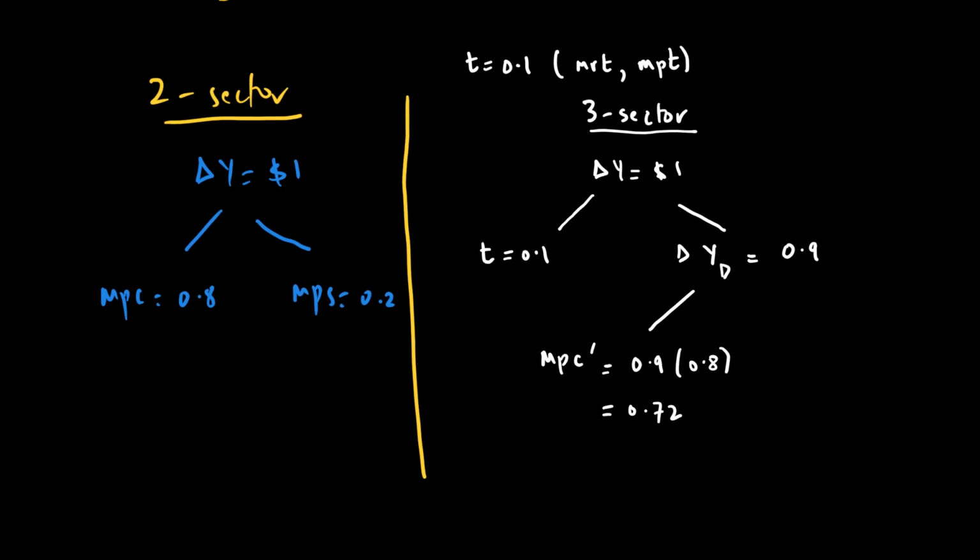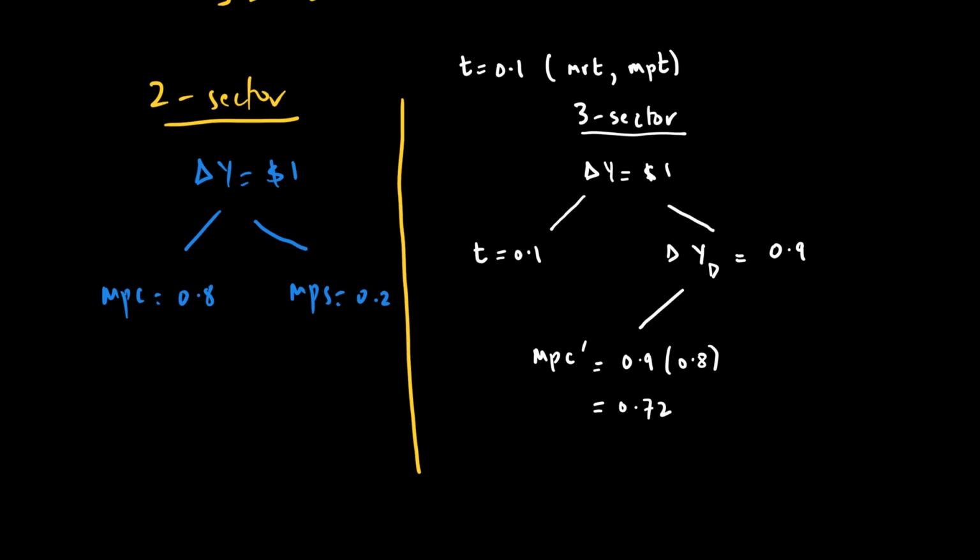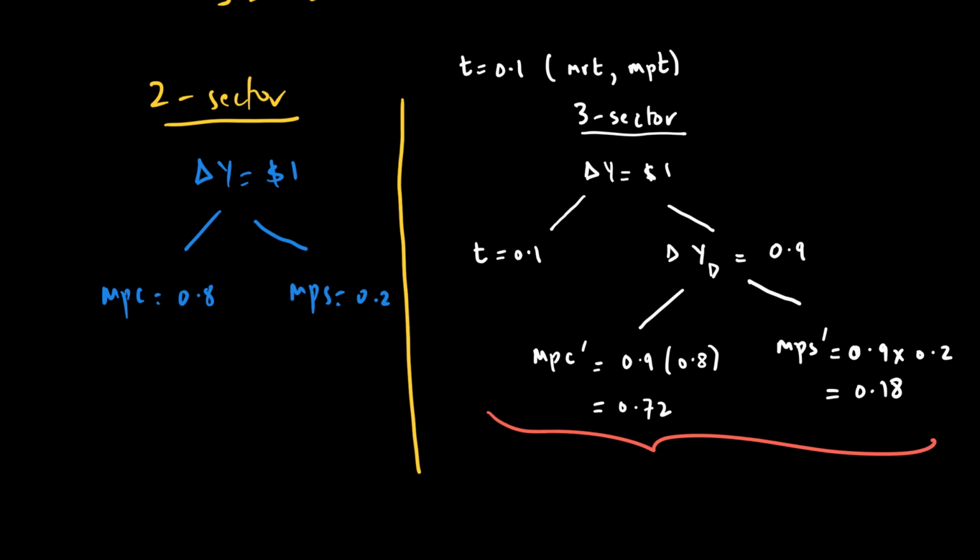Similarly, when you look at our MPS now, what is happening with MPS? Now my new MPS will be 0.9, which is what I'm left with, and not a dollar, times 0.2, which will be 0.18. So basically, when we are in a three-sector model, we need to change our MPC and MPS to account for the tax rate.